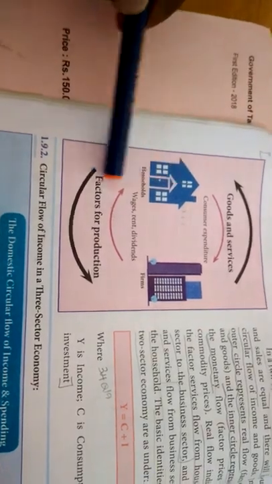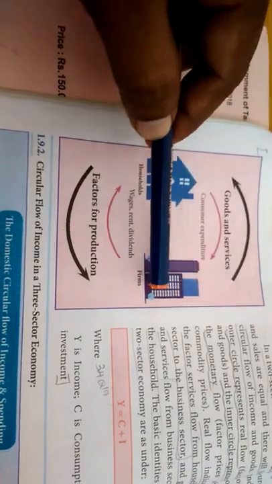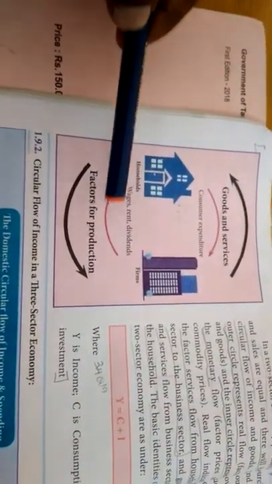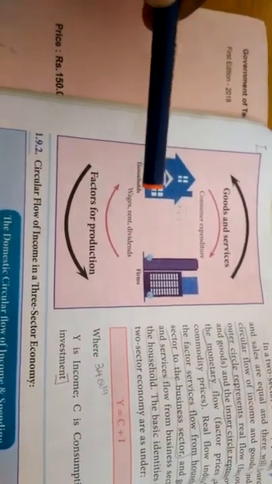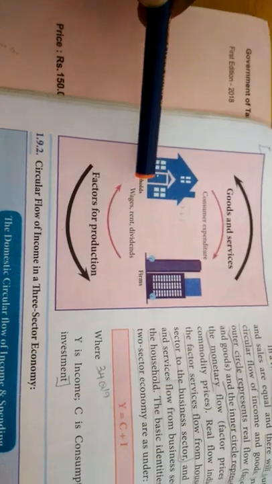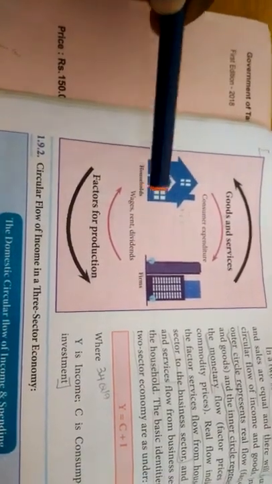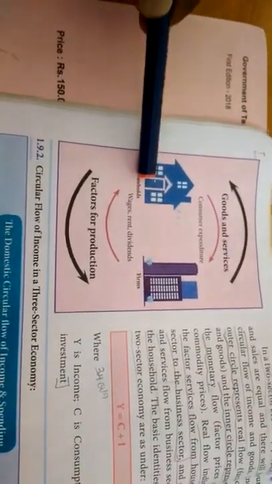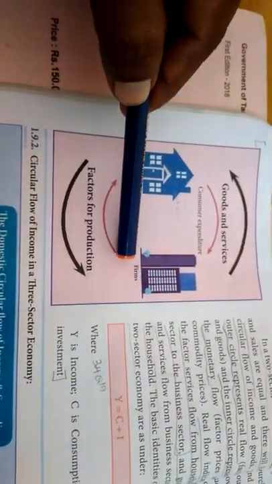For that, the firms will provide wage, rent and dividends as remuneration, for the purpose of producing the commodities. So the household sector gets its income in the form of wage, rent and dividends for sending the factors of production, right?